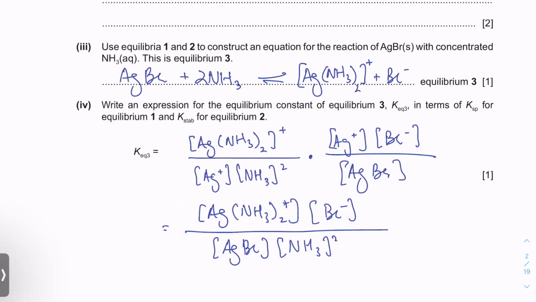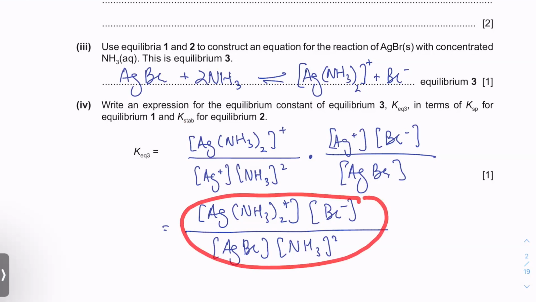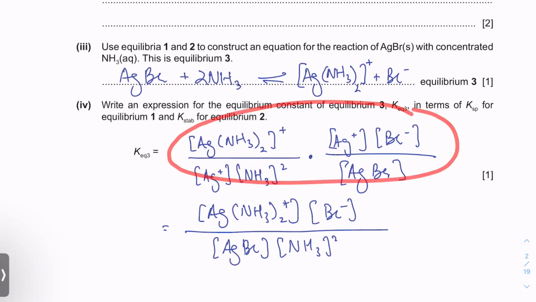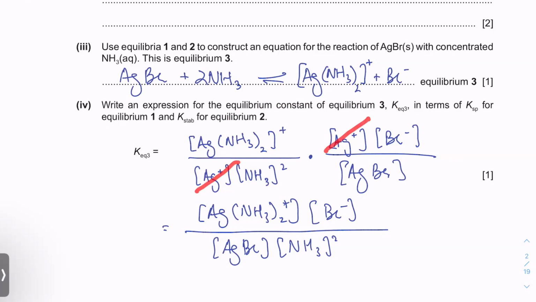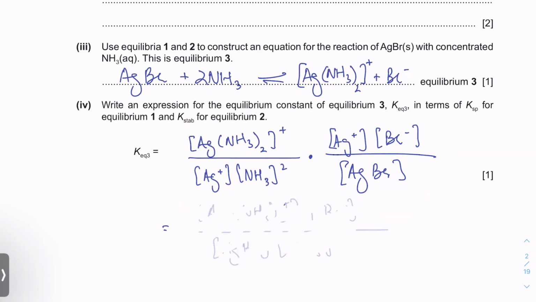Yeah. So can we just simply write that? Yeah, we can. But notice that this whole thing is the same as this whole thing. What's different? Ag plus वो cancel हो जाएगा तो यही बन जाएगा. So that simply tells me that this is nothing but the K stab multiplied with KSP.